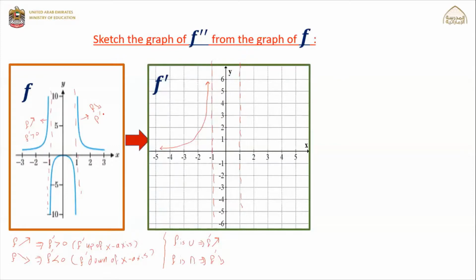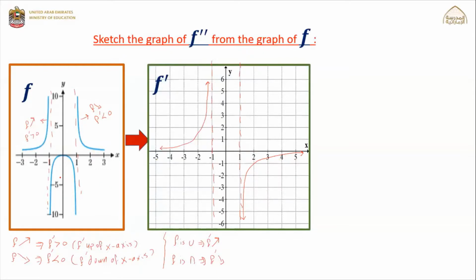That means f prime will be less than 0. So f prime is down of x with a vertical asymptote at 1. So I think it's coming like this. What about f prime, increasing or decreasing? F prime is increasing because f here is also concave up.